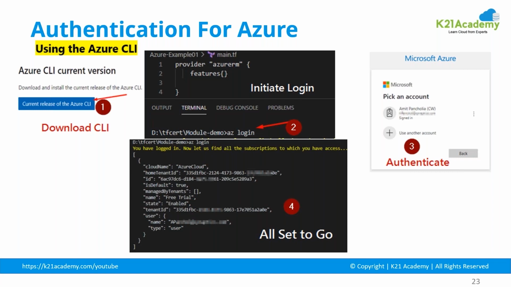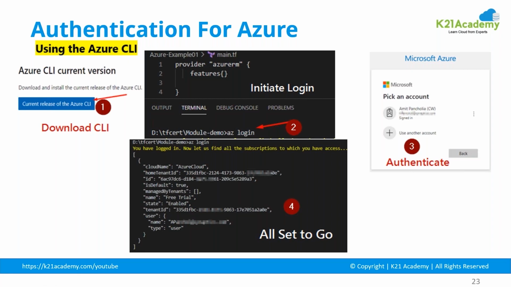Now there are multiple authentication methods available for authenticating with the provider. We will see that in our next session, but yes, the generic method is for Azure. If you are working on Azure, as we will be doing, you need to download the Azure command line interface.